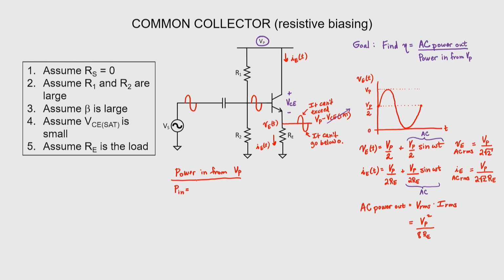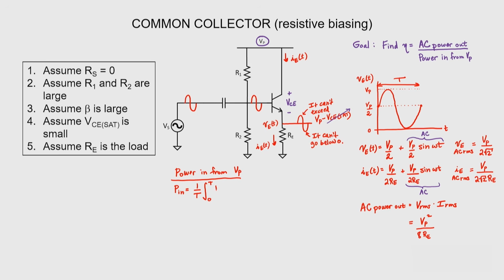So let's use an integral. T here represents the period. That's this amount of time. And I'm going to integrate over a full period. This will give me the time averaged power.